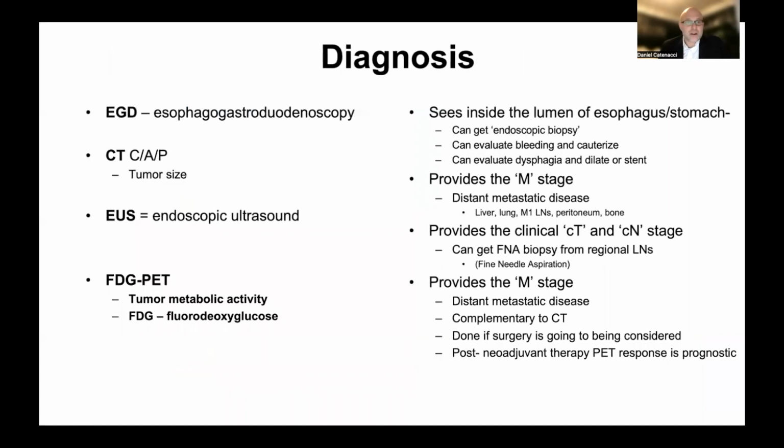PET scans are another tool that's used, and an FDG PET, or fluorodeoxyglucose PET, is a different type of scan compared to a CAT scan. It's what I consider a complementary scan to a CAT scan.